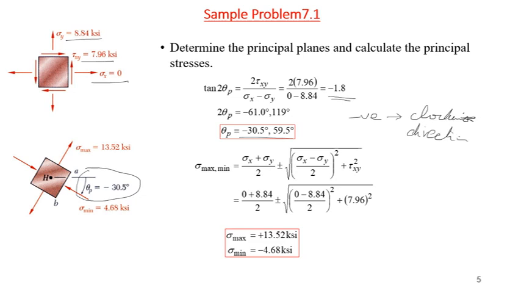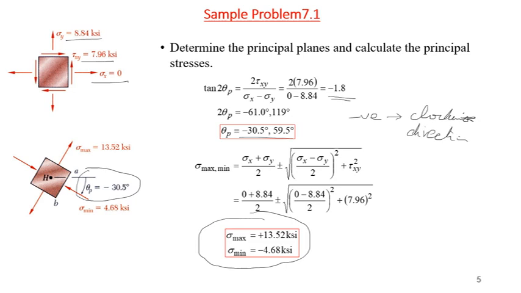Similarly, sigma maximum and minimum is sigma x plus sigma y divided by 2, plus minus the square root of sigma x minus sigma y over 2 squared plus tau xy squared. Putting the value, the maximum will be 13.2 ksi and the minimum is minus 4.68 ksi.